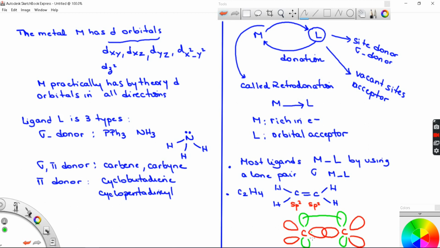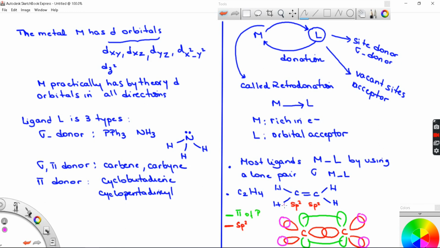This is the structure of C2H4. In red is the pi bond of p orbitals, and in green and red is sp2. From this side, we have one hydrogen, one hydrogen, one hydrogen, and one hydrogen.